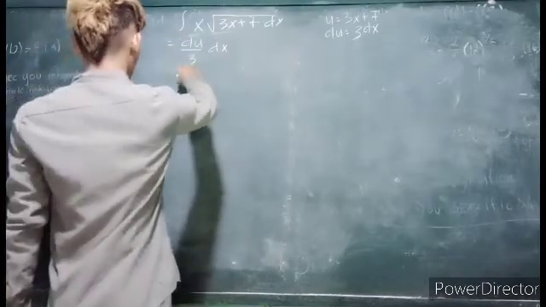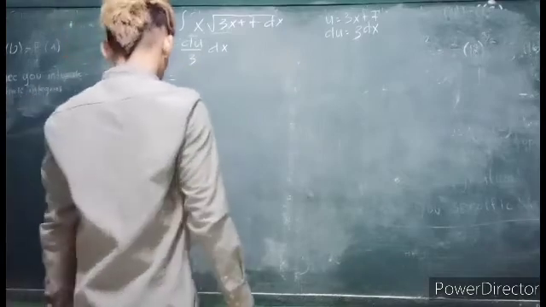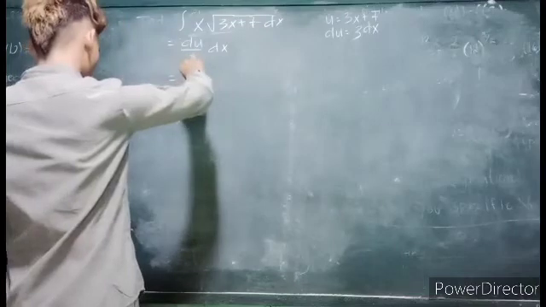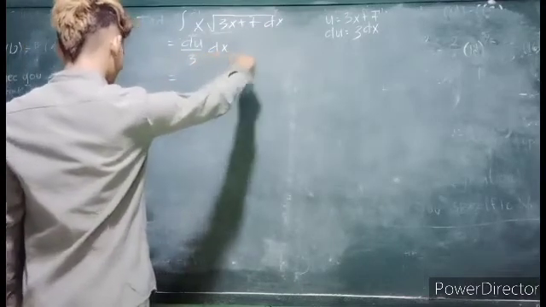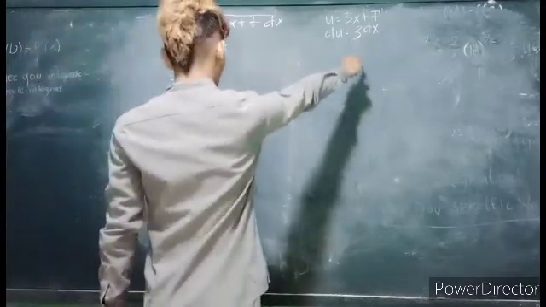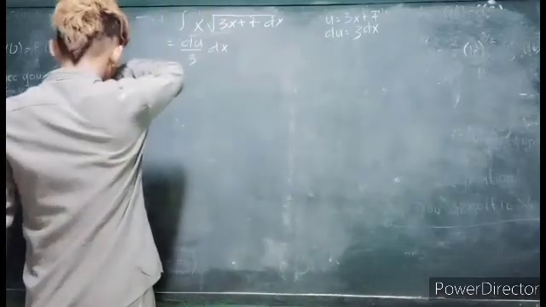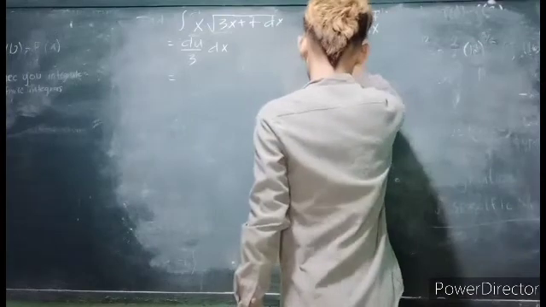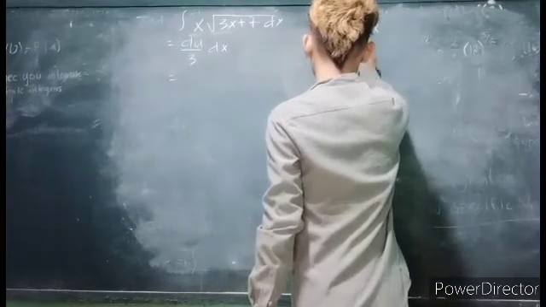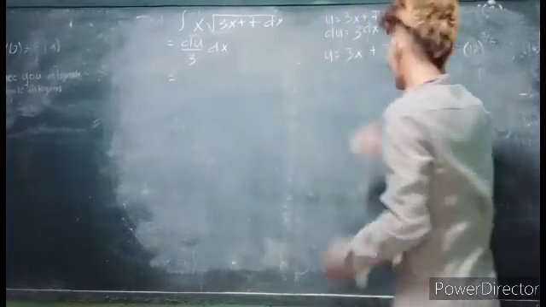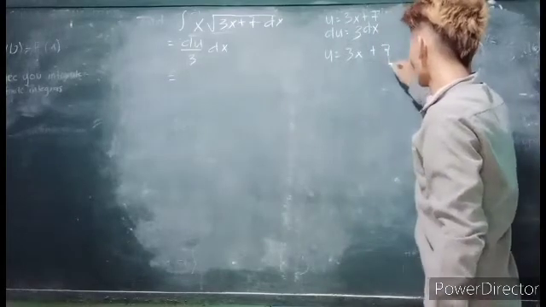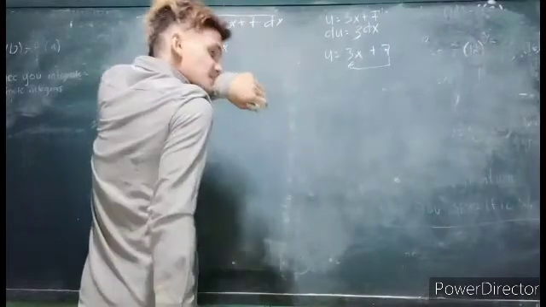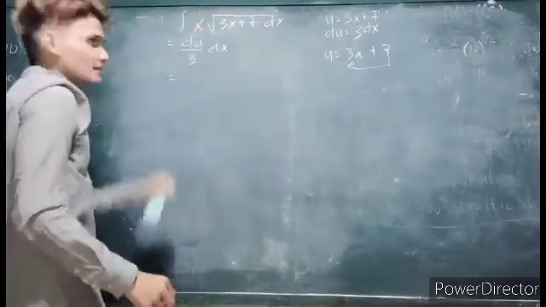So next, we need to isolate the x. Need to move the 7 to the other side. So u equals 3x plus 7. Move it here to the 3x position.